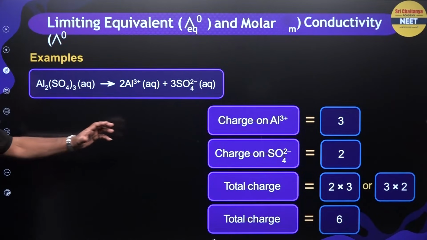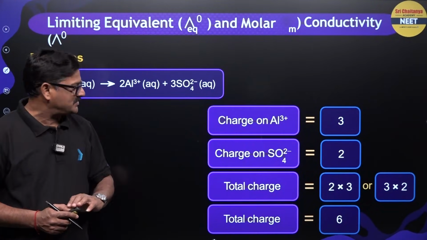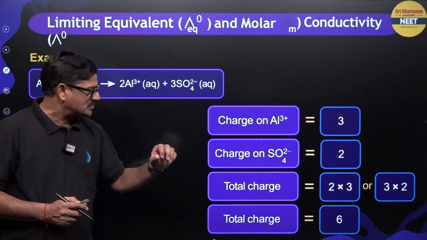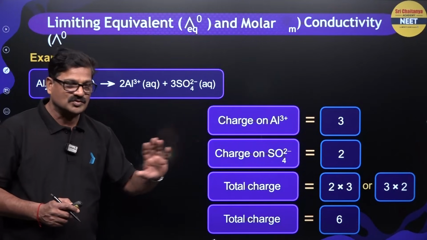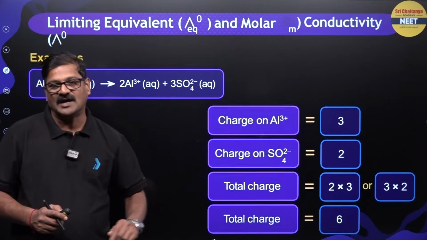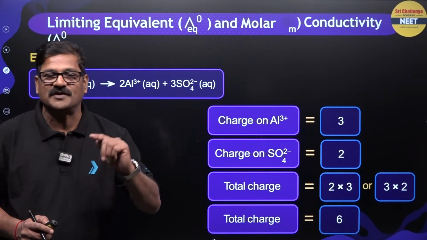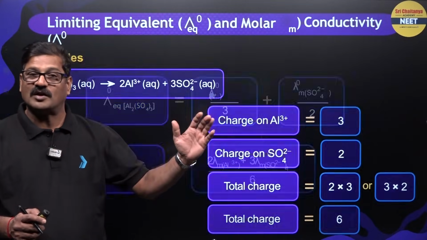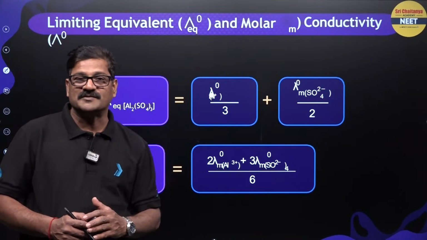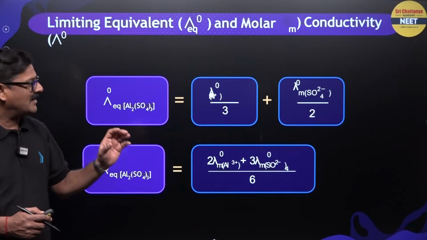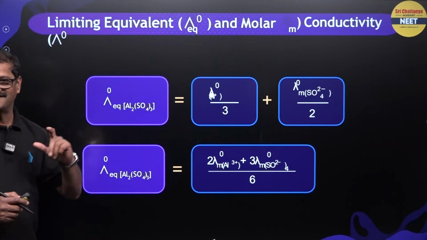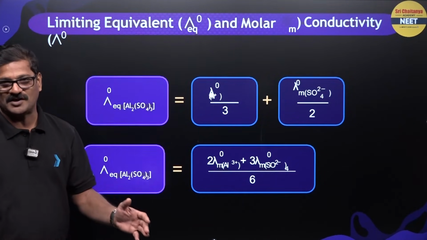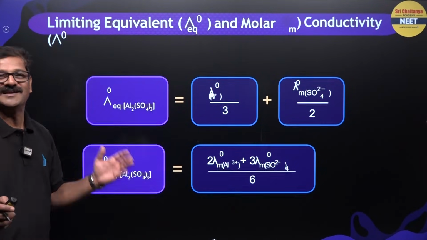And you see the charge values, Al 3 plus and sulfate 2, so 2 into 3 or 3 into 2, the N factor is going to be 6. So, equivalent conductance of Al2(SO4)3 is equal to the molar conductance of aluminum sulfate divided by 6, is the appropriate answer, isn't it?